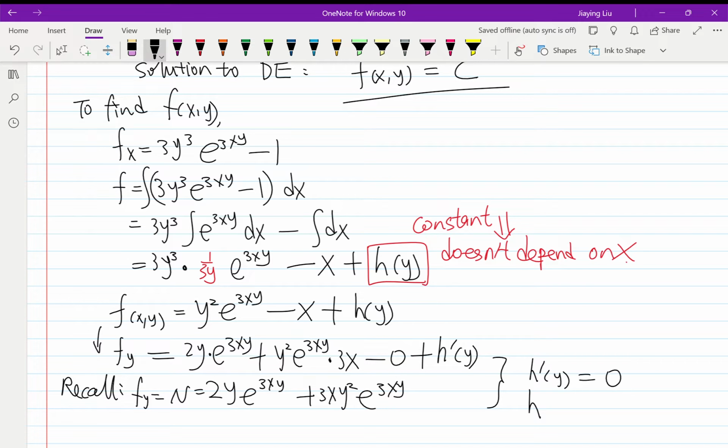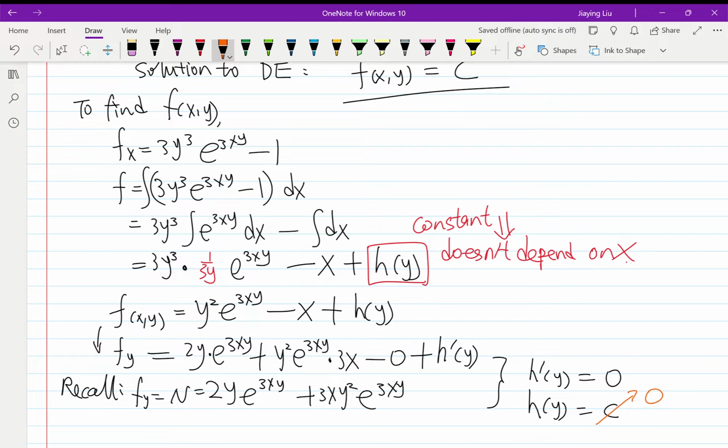Which means, recall that h prime of y, remember we took the derivative with respect to y, right? So this is really dh dy. Now, if that equals 0, it means it doesn't depend on y. So h of y has to equal a constant. So we can claim that the c is just equal to 0.